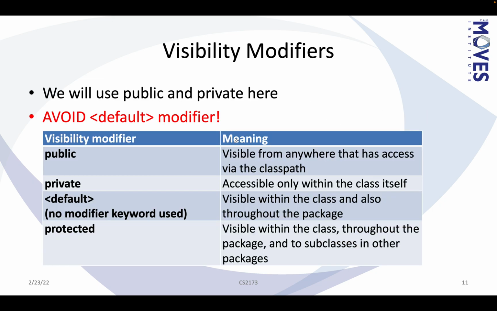Okay, visibility modifiers. This is one of the things where, when Java came onto the scene, they wanted to convince mostly C and C++ programmers to switch to Java.